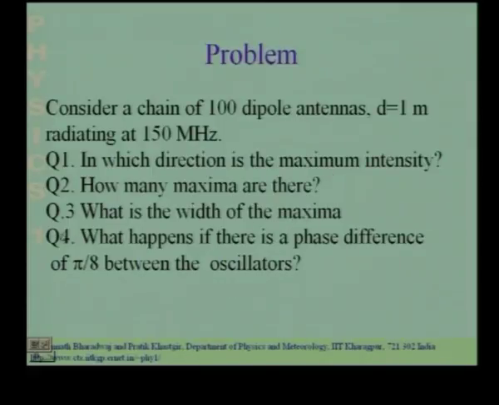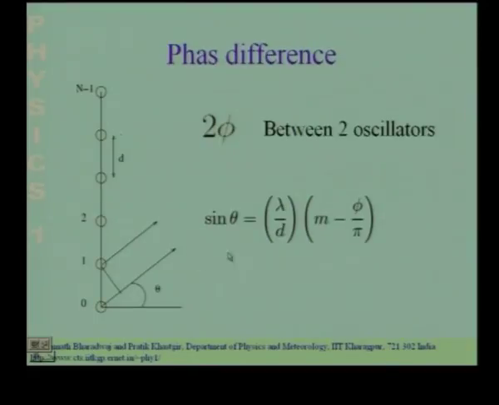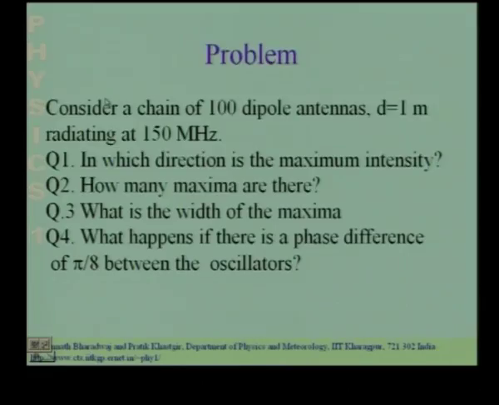And finally, what happens if there is a phase difference of pi by 8 between the oscillators. So, suppose I give a phase difference of pi by 8 between any two oscillators. So, pi by 8 between this and this, pi by 8 between this and this. So, there is a phase difference of pi by 8 between each of these oscillators. So, what happens to all of these questions if I introduce an extra phase of pi by 8 between any two oscillators?